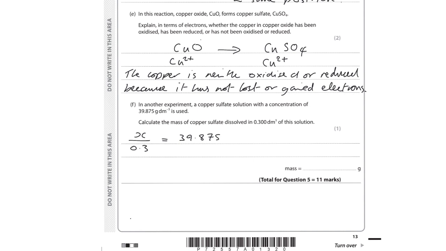So x is equal to 0.3 times 39.875, which equals 11.9625 grams.